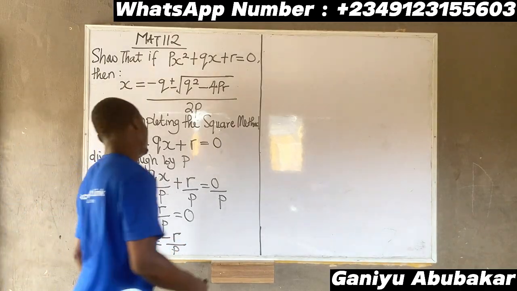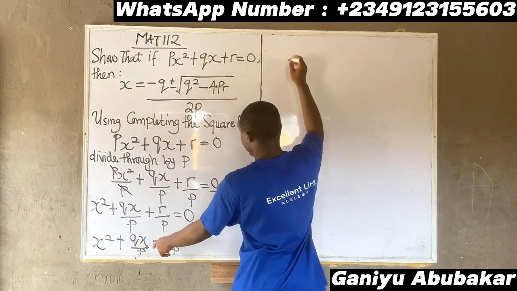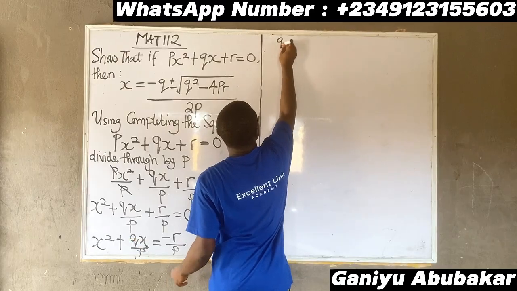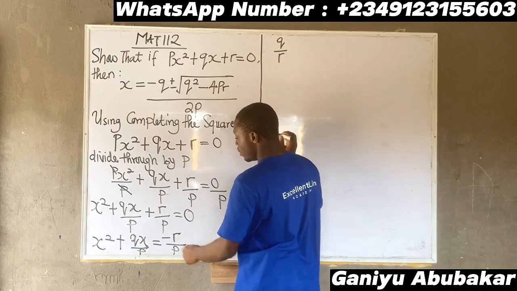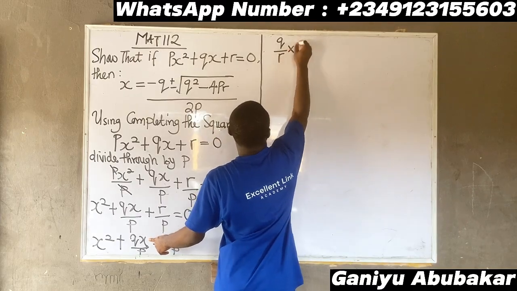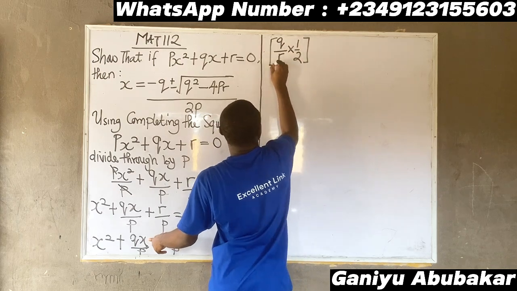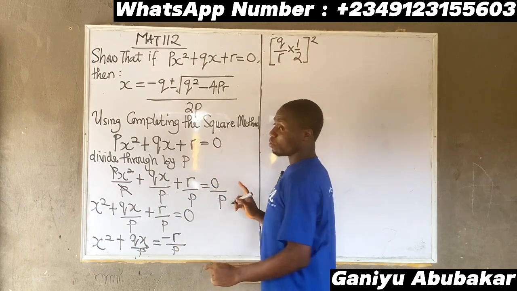What's the next step? We said bring out the coefficient of x, that's q over p, the value in front of x. We said multiply it by half and square it. If you can remember that step we took.